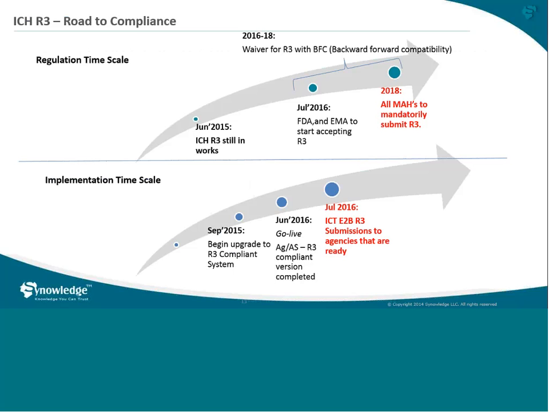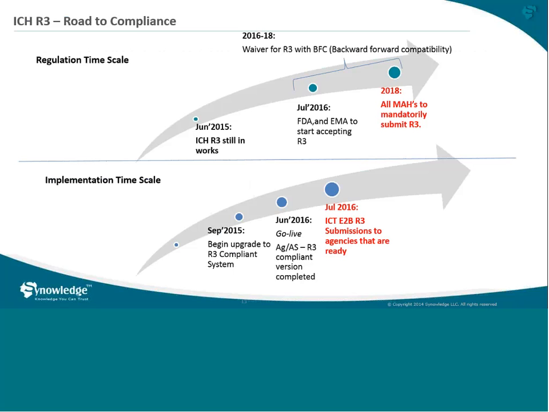And this is the graphical representation of R3, the road ahead for compliance. As indicated at the extreme right, the date by when only R3 will be accepted into the system, or R3 will be the only one supported, is January of 2018.